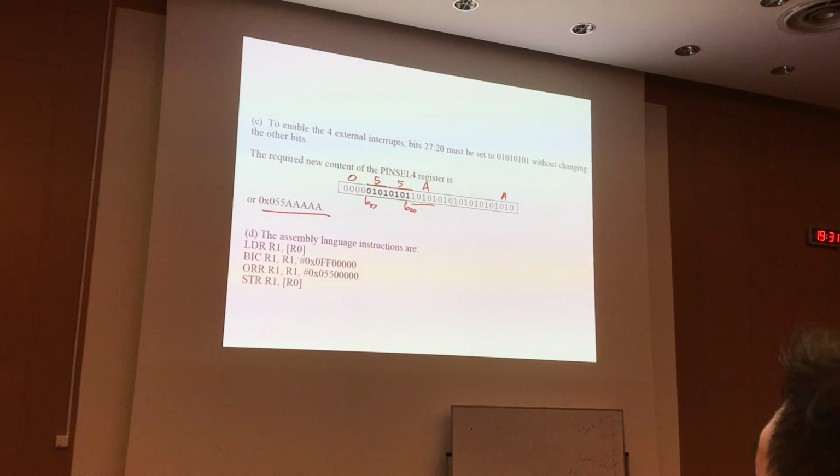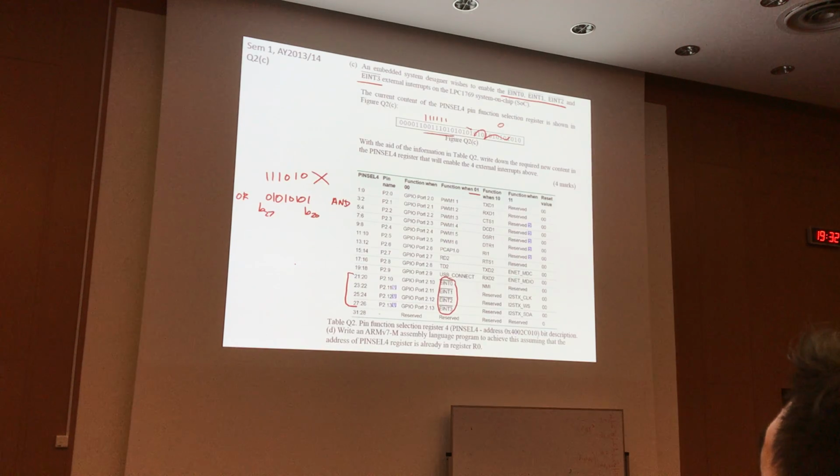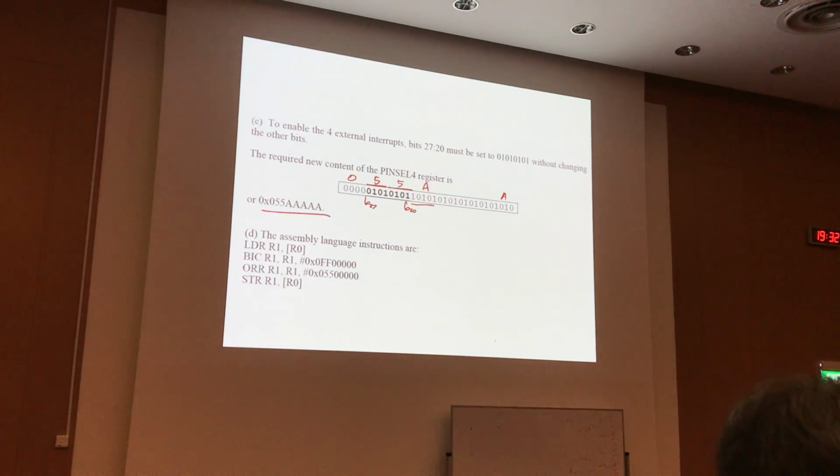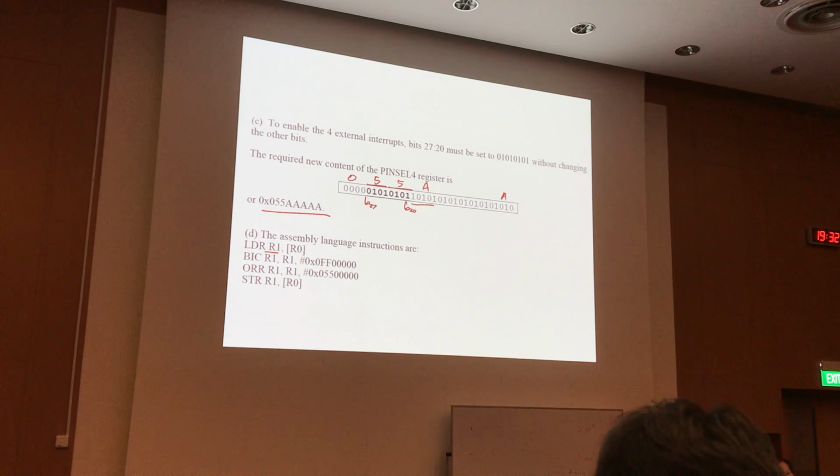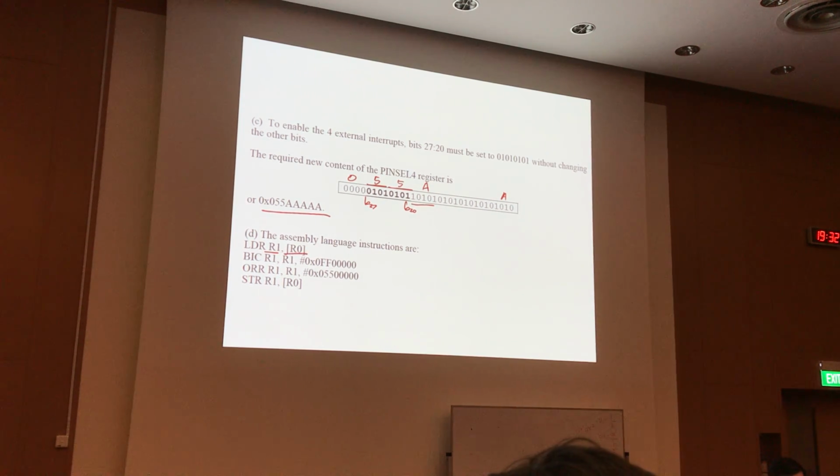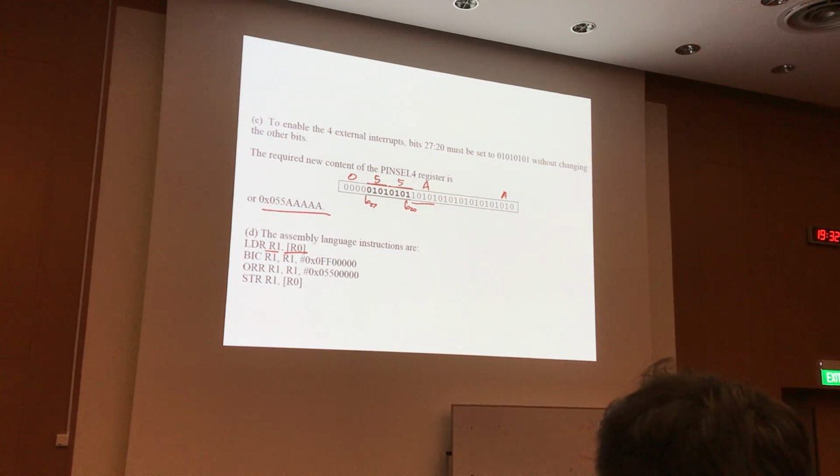Originally there's some value, and you are told in the question that the address of the register is already in R0. Okay, so the R0 is like the base register now, right? Get the whole bit pattern into R1. You need to get it into the register before you can manipulate the bits. So bit clear.